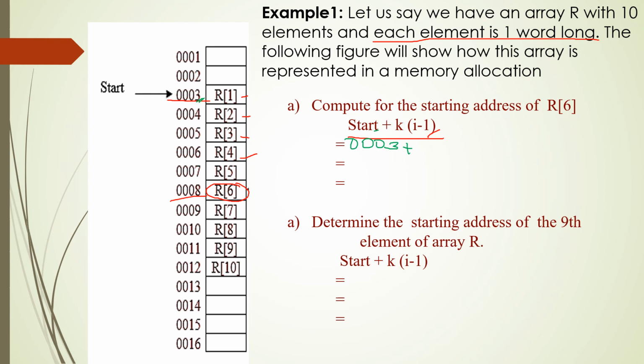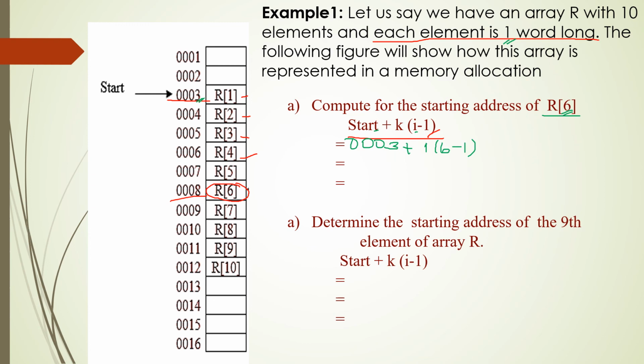As stated here, each element is one word long. Therefore, our k is 1. Okay? And then i is the desired position of the element that we're trying to locate. So, we are referring to the sixth element. Therefore, i is 6. 6 minus 1.